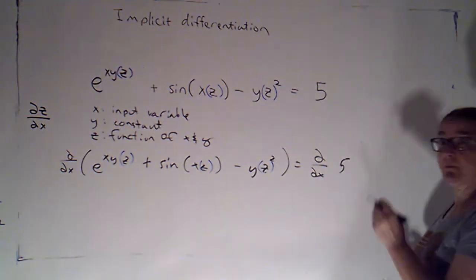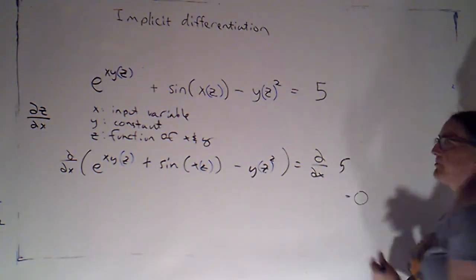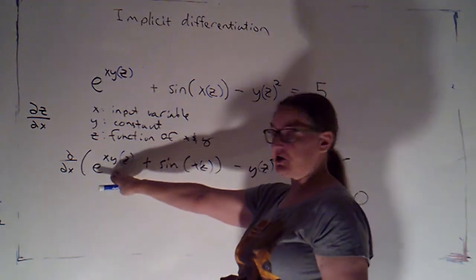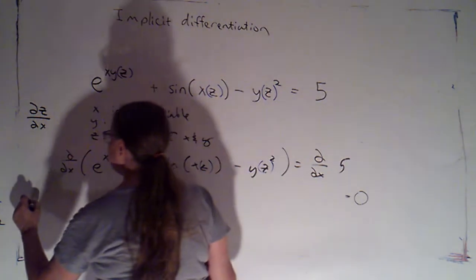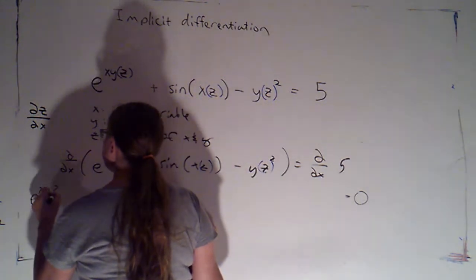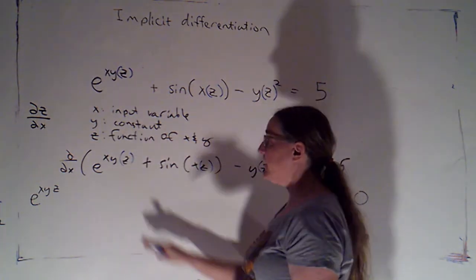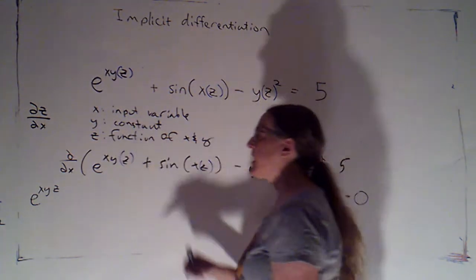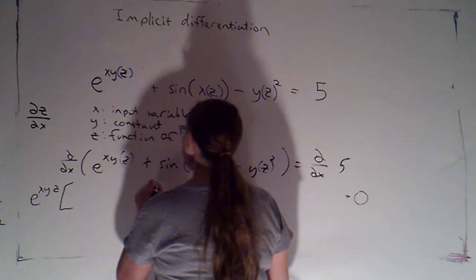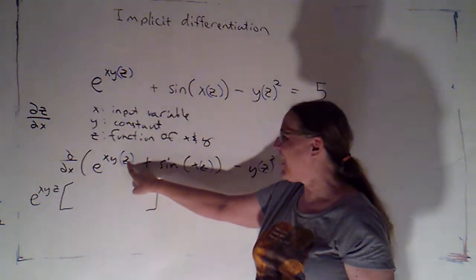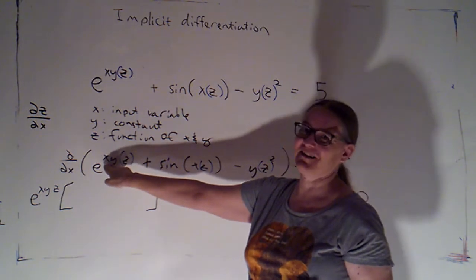Okay. Again, if we want to boost our confidence, we can start with the right-hand side. That's going to be 0. Okay, for this first term, we've got an exponential, so we're going to get e to the xyz. And then I've got to multiply that by the derivative of xyz. But for that, I'm going to need to use product rule, because that's a function of x and y, and that's a function of x and y.